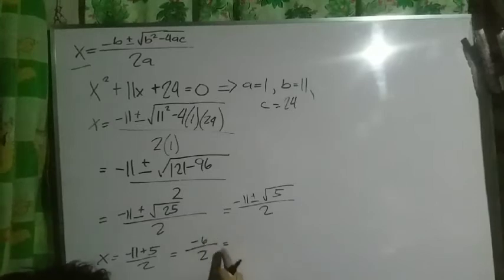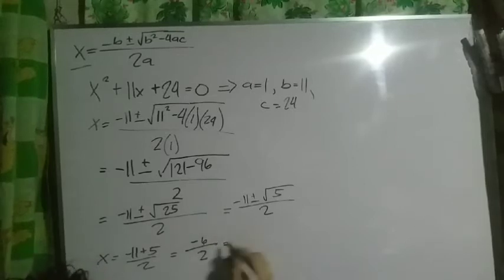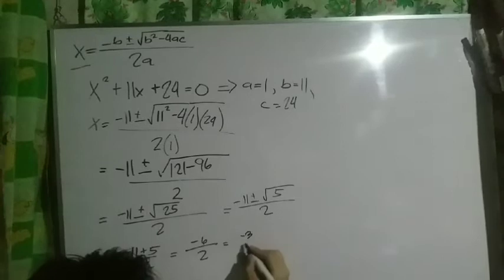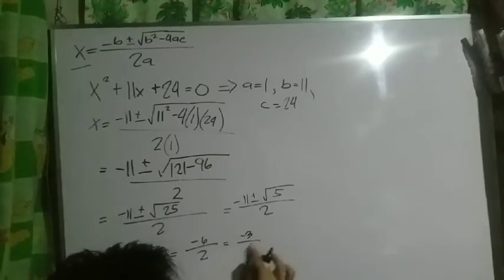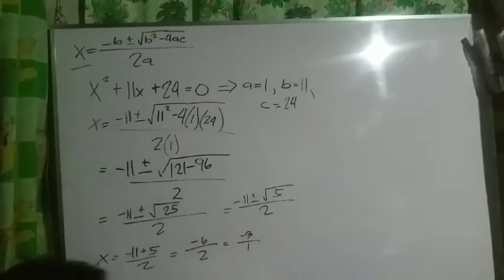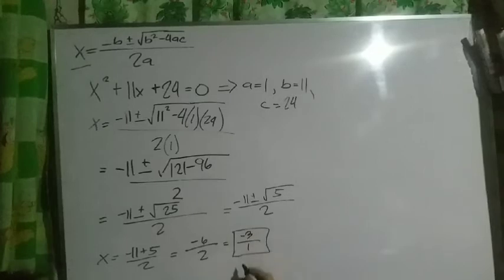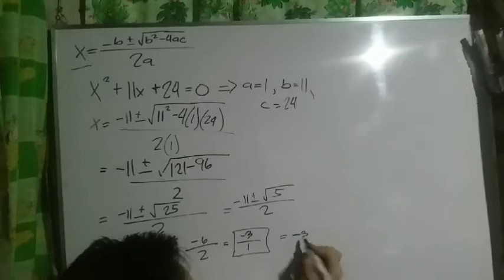So negative 6 divided by 2 is negative 3, and 2 divided by 2 is 1. So the answer is here, or you can write it just as negative 3.